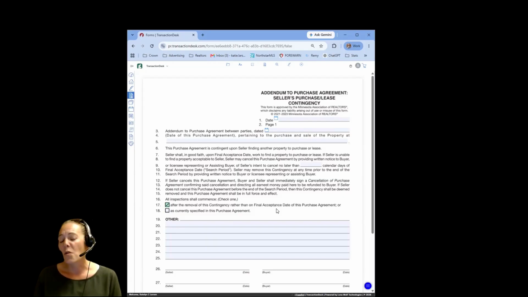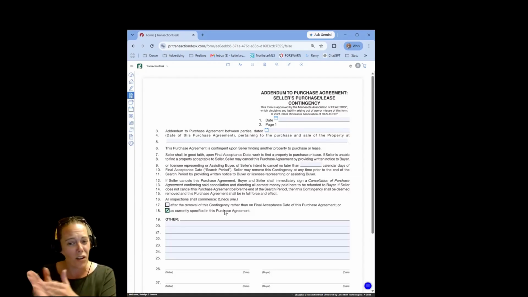Now there might be a time where the seller is the one paying for all of these inspections, particularly if it's just the septic and the well water test. If the seller is the one paying for those, maybe they don't care that that contingency timeline starts right when you accept the offer.